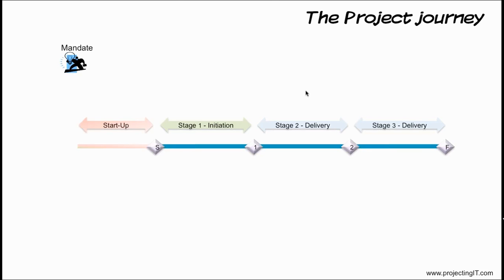To do all this work, PRINCE2 provides us with 7 processes. Each process has a purpose, objectives, and defined activities. Each process creates a defined output called management products in PRINCE2.